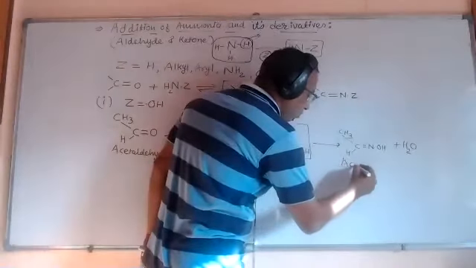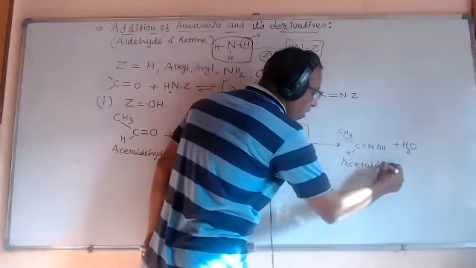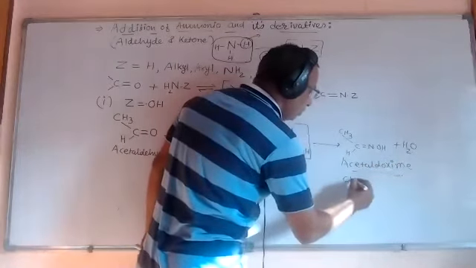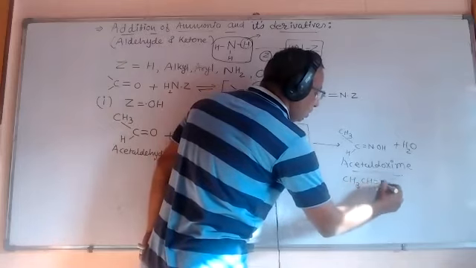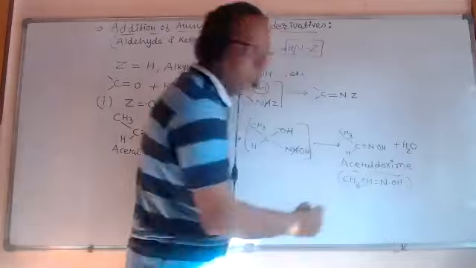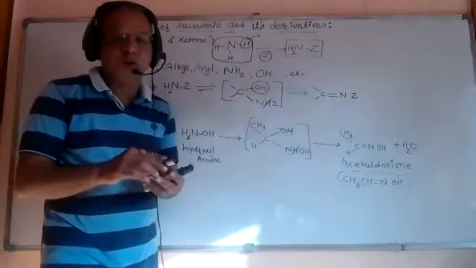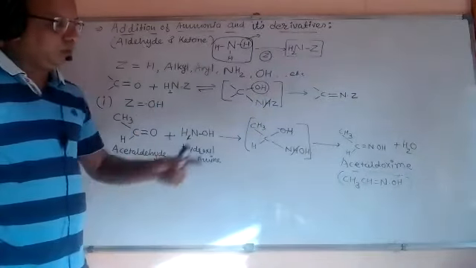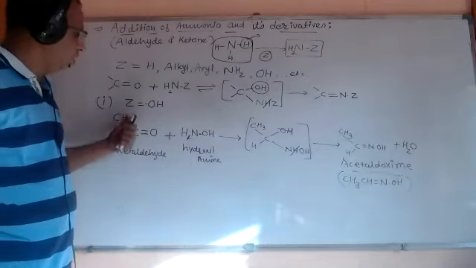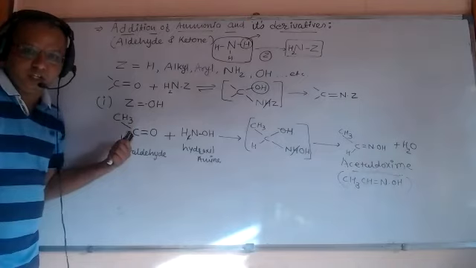That's why it is called acetaldoxime. This is CH3 CH double bond NOH. Acetaldoxime is the name of the product obtained here. So this is all about Z if taken as OH.